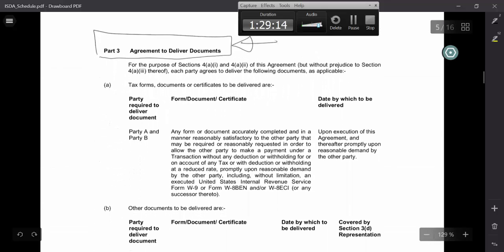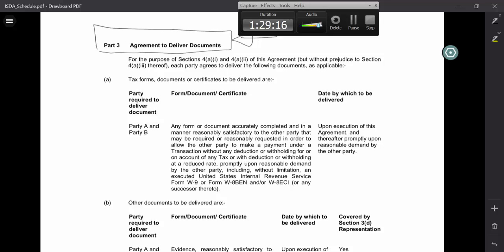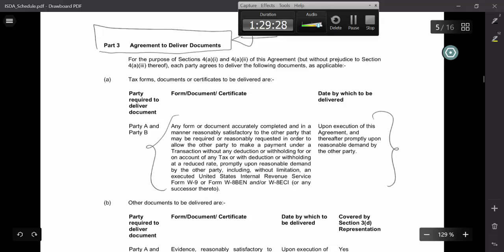Part 3, agreement to deliver documents. As you can see here, it is just two parties agreeing to give the other party some documents by a certain date. Now, I'll tell you why this is important.